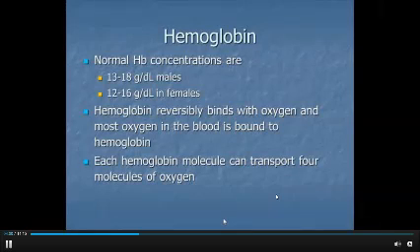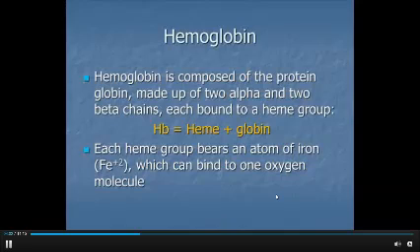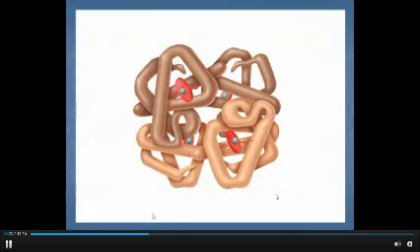So let's look at the structure of the hemoglobin molecule. It is composed of two major parts, protein globin, and there's not one but 4 chains here, and each of these chains is bound to a heme molecule. Each heme contains a ferrous ion that in fact binds to oxygen itself. Let's look at this diagram. Here you can see the globin portion.